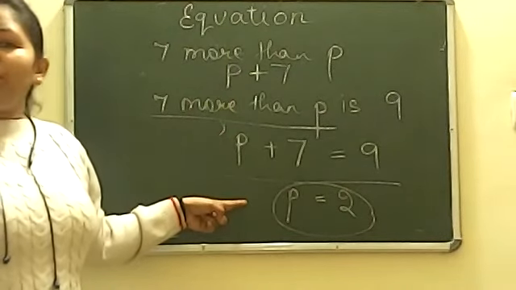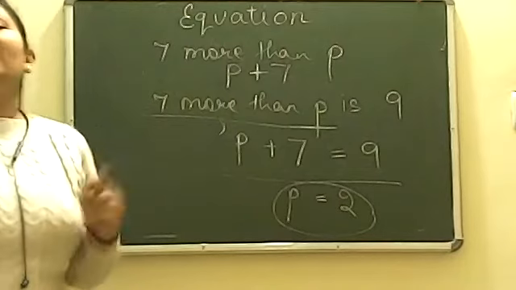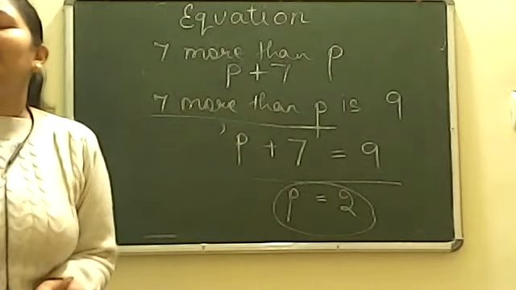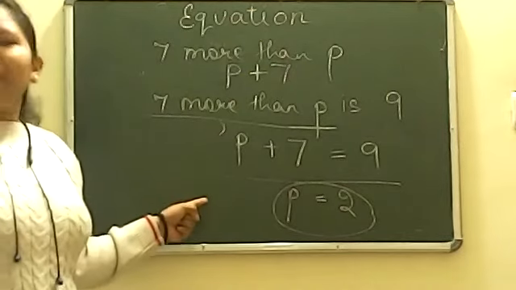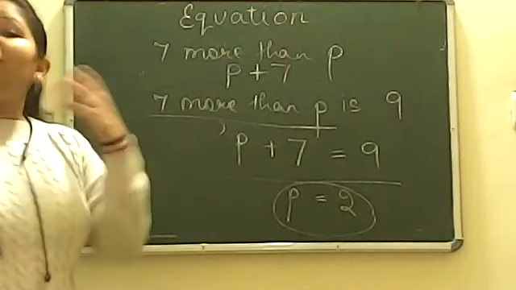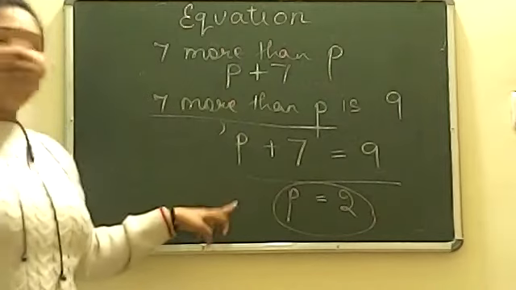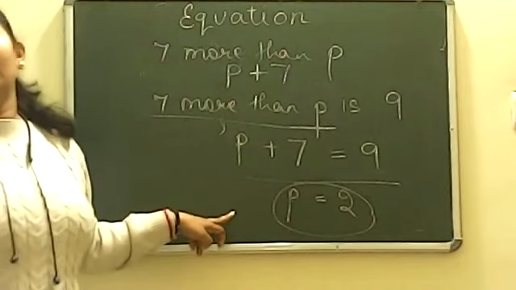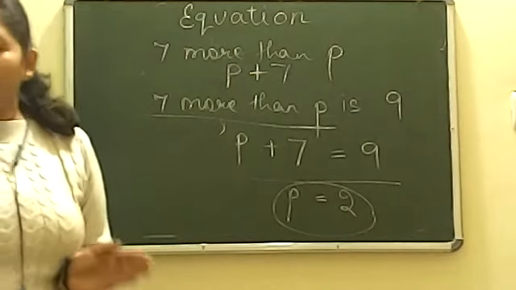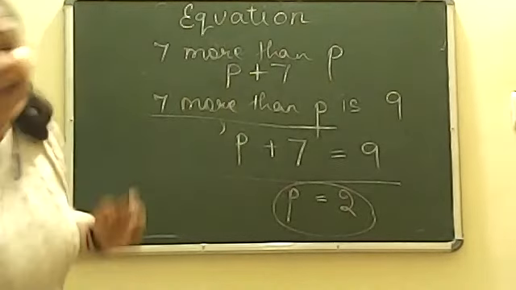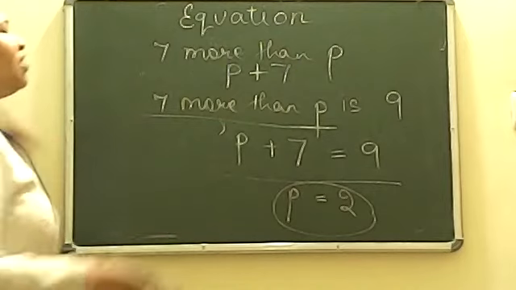So remember, an expression you cannot solve without knowing the value of the unknown, but an equation you can solve, and you can find out the value of the unknown variable, because in it I give you a condition. Now I am giving you this definition in a shorter way.